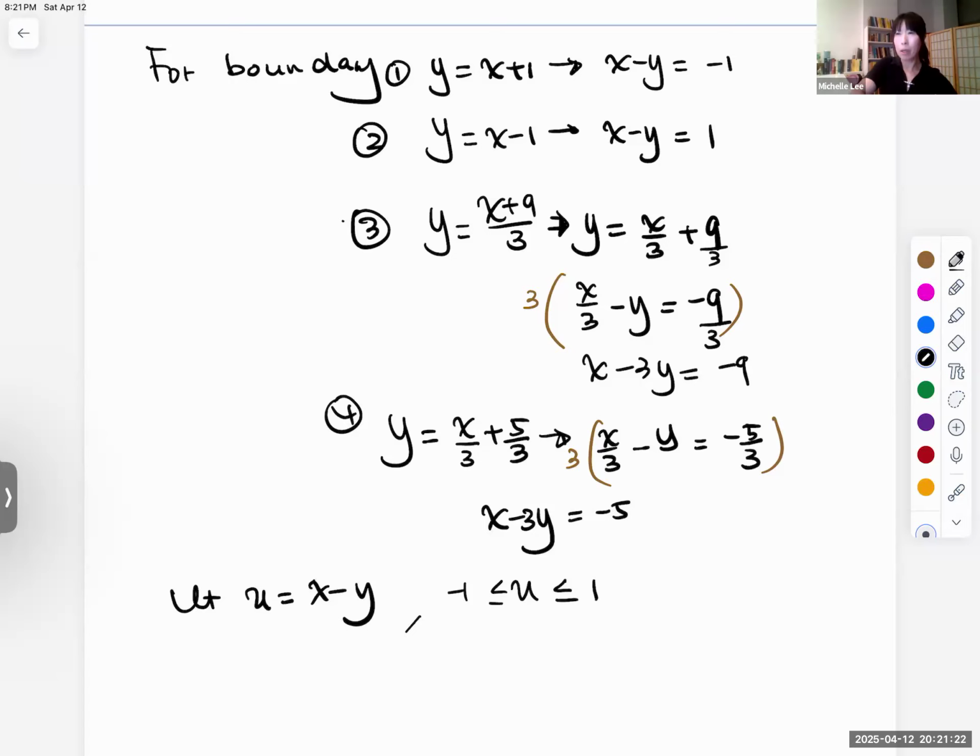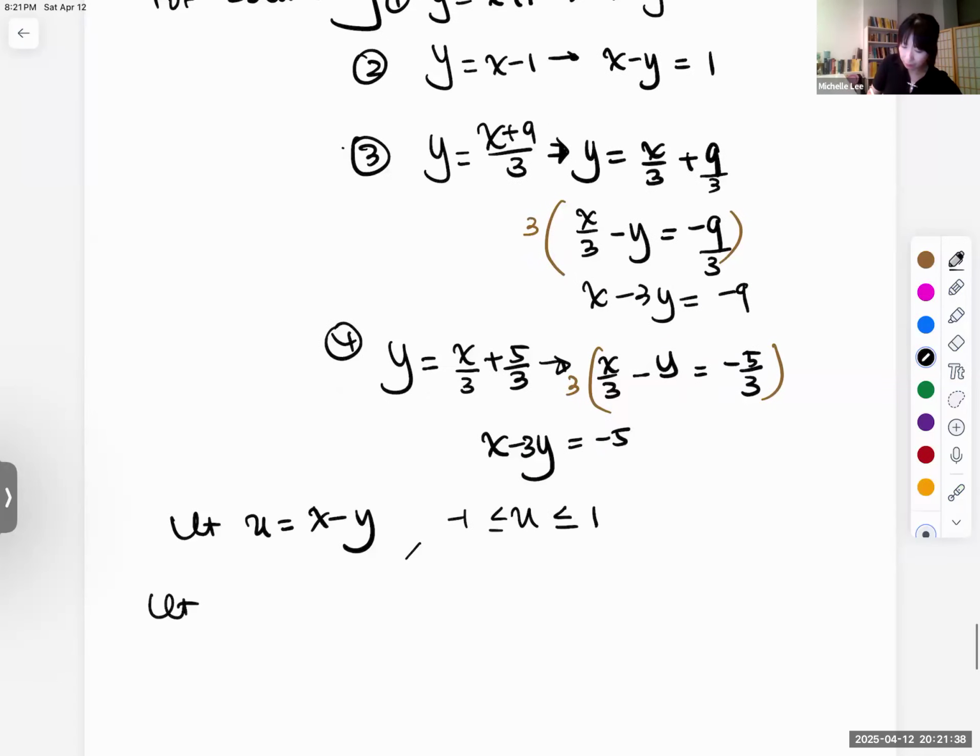Yeah. Okay. Let's say that v equal to this form, x minus 3y. Then v is between negative 9 and negative 5. Yeah. Okay.